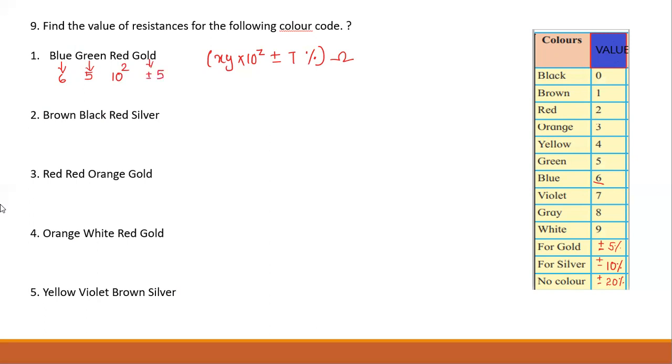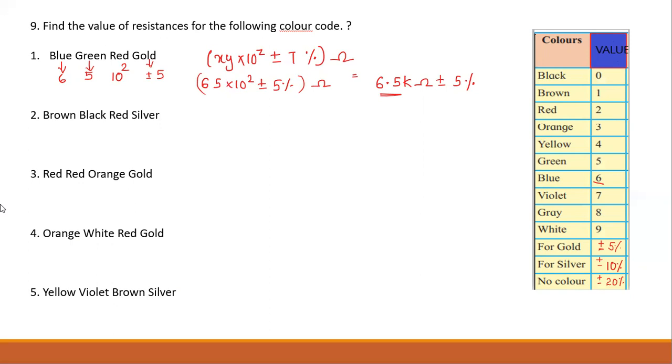So we can write the value of resistance is 65 into 10 raised to 2 plus or minus 5% ohm. That is equal to 6,500, or we can write 6.5 kilo ohm plus or minus 5%. This is the value of resistance. Let us solve the next question.